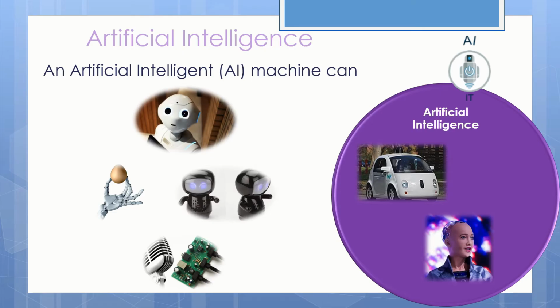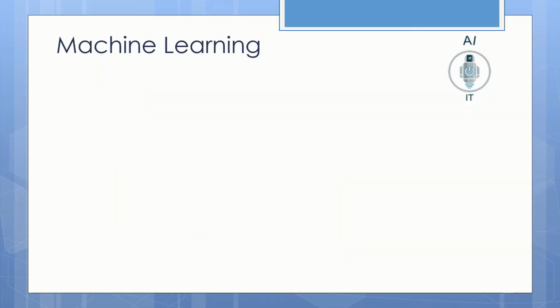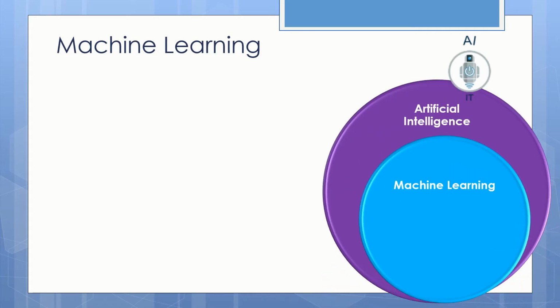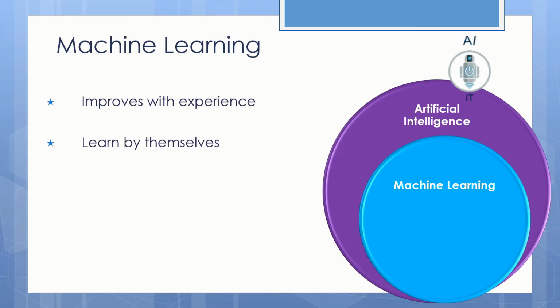Now, how is this different from machine learning? Machine learning is a subset of artificial intelligence that enables the machine to improve with experience. So every time you use a machine that is based on machine learning, you find it working better and better. How does it do this?